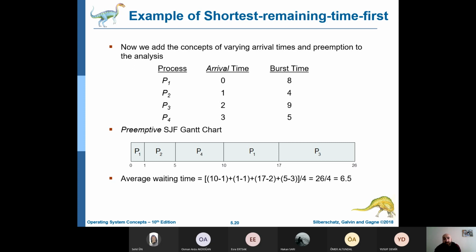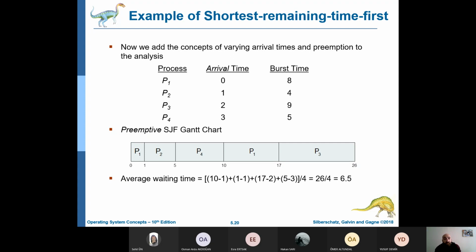Process P1 is started at time 0, since it's the only process in the queue. Independent of the burst time, we have to start to execute P1 because it's our only process.